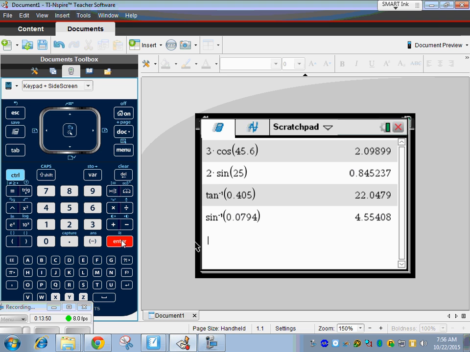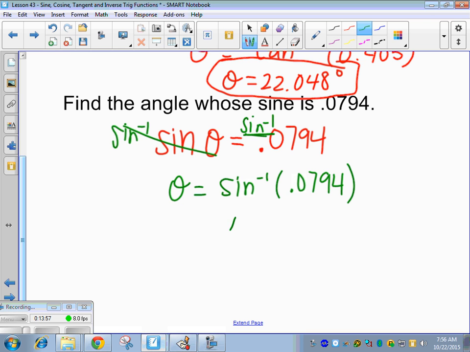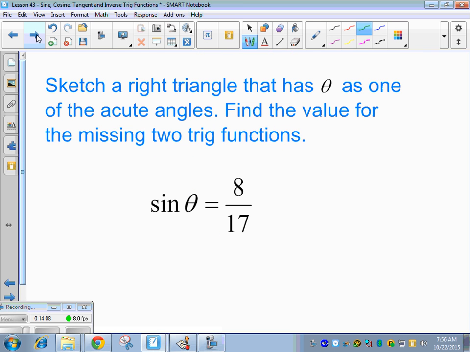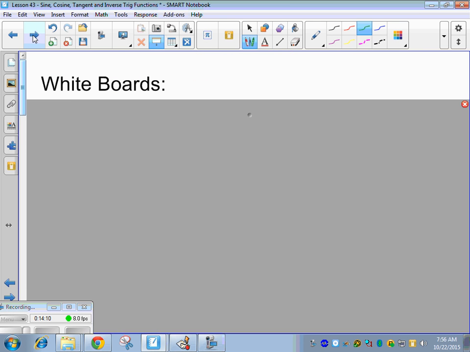So much harder on this thing. All right, 4.554 if we round to 3 decimal places, which you should always do. 4.554 degrees, so theta is equal to that. Questions? Ooh. Let's do one more.